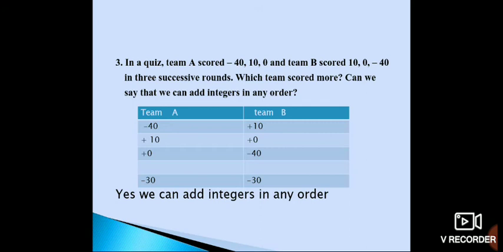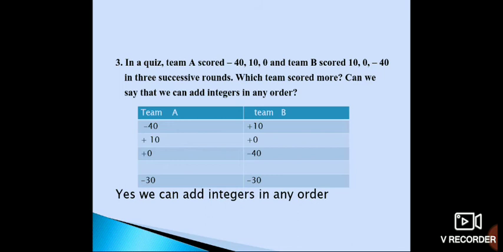Next, third example. In a quiz, team A scored minus 40, plus 10, 0 and team B scored plus 10, 0, minus 40 in three successive rounds. Which team scored more? Can you say that we can add integers in any order?